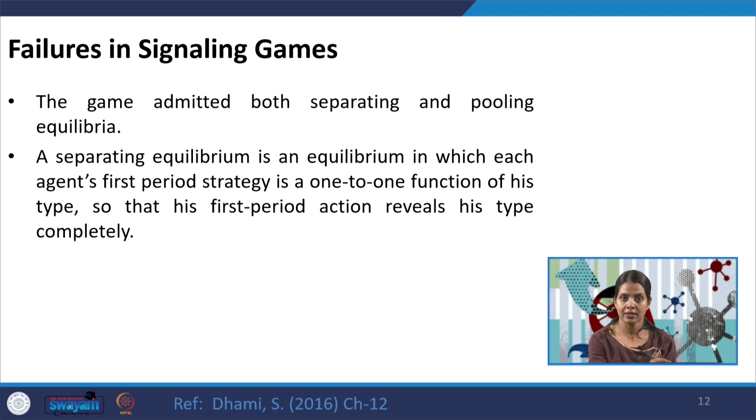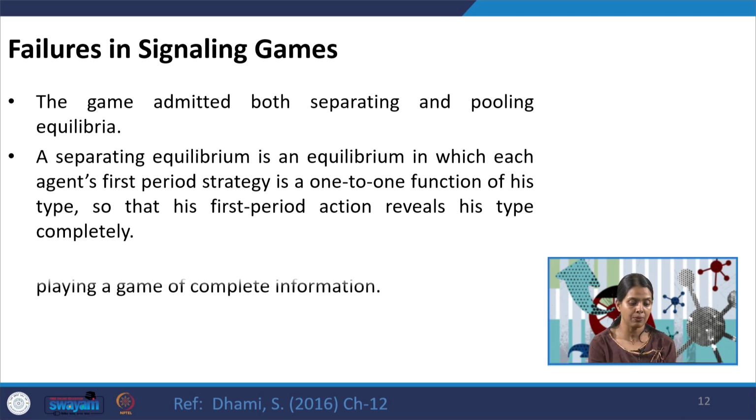So, in the previous signaling game, if strategy A is chosen, then player 2 will get an idea about whether it is player H or L who was chosen by nature in the first round, or when strategy B is chosen, who player 1 is, and accordingly he can decide or take a call. So, the basic point is that the action is associated with the type of player.